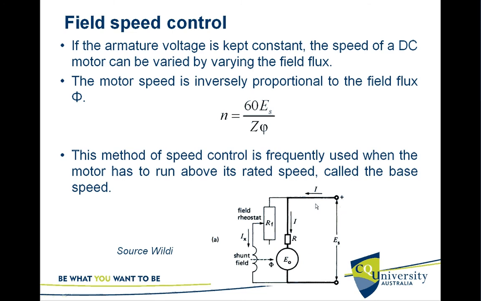So this is the arrangement. You got the supply voltage both supplying the shunt field and the armature. The rheostat is now in the shunt winding, in series with the shunt winding. So you just change this one, it will change the field current and the field flux.